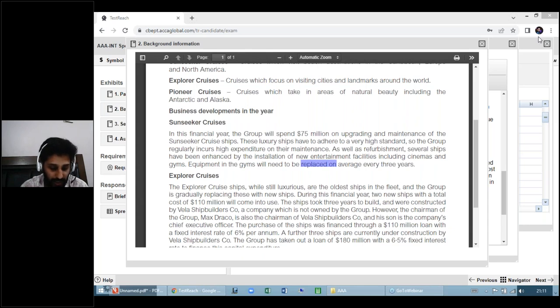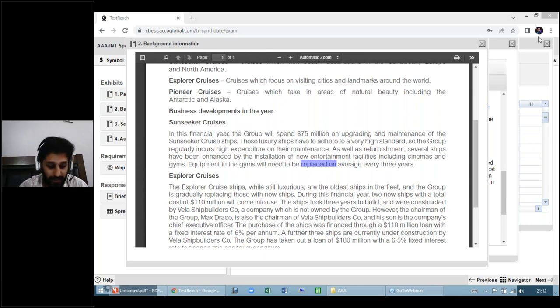The potential risk is that depreciation would not be split on the individual components. Since the gym is a separate thing, and the cinemas, and other entertainment facilities, that area should be separately depreciated.